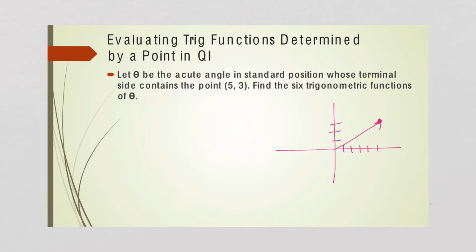But the question is, find the 6 trig functions of theta. So here is my theta, and I can draw an altitude straight down to the x-axis that gives me a triangle. Based on my triangle, my opposite side is 3, my adjacent side is 5.